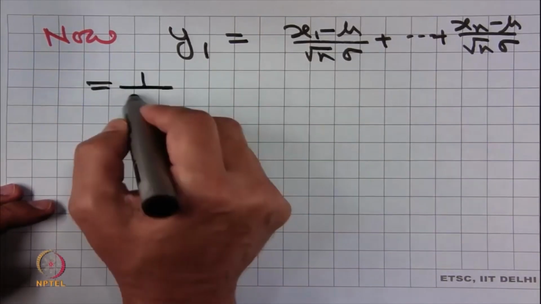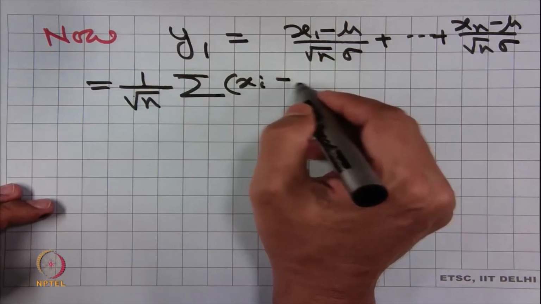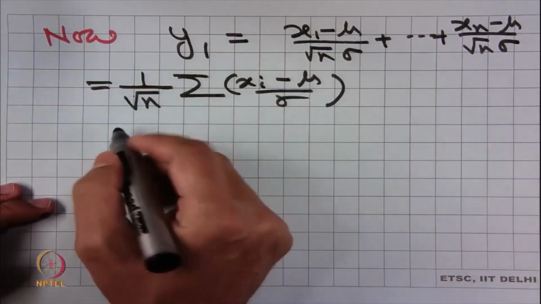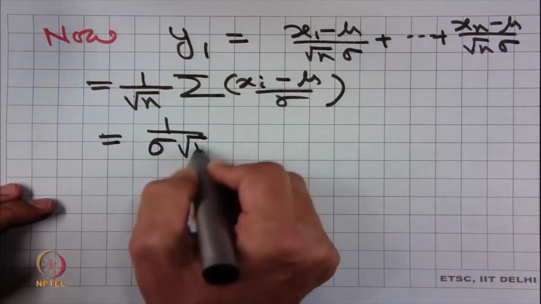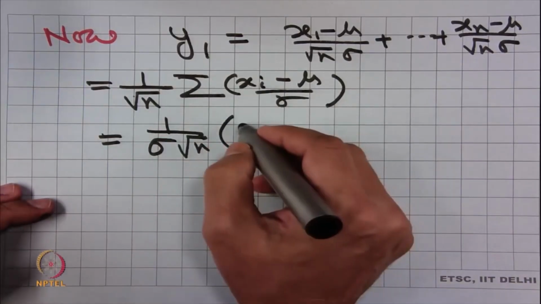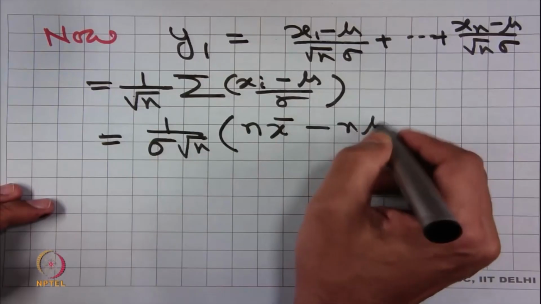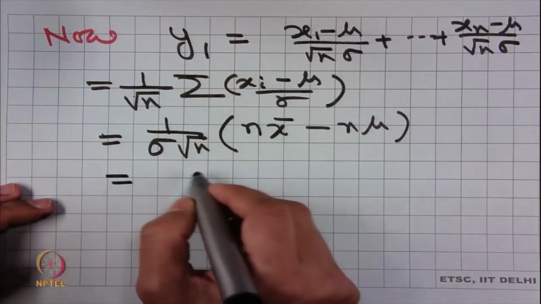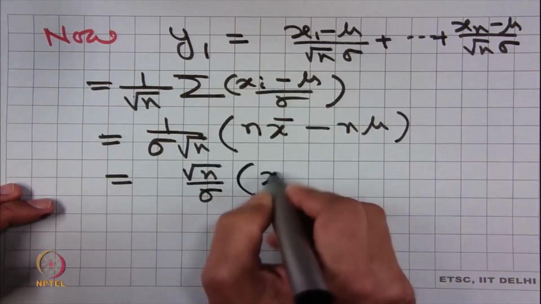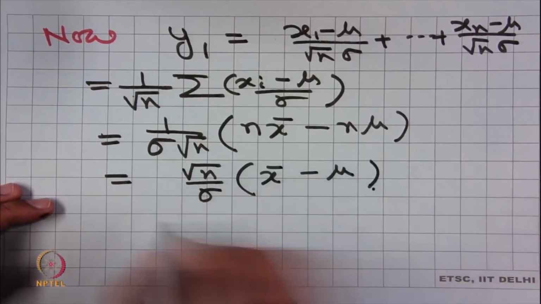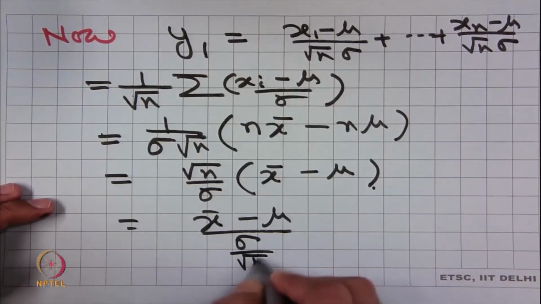Is equal to 1 over root n sigma xi minus mu upon sigma, is equal to 1 upon sigma root n, sigma xi is equal to n times x bar minus n times mu, is equal to root n upon sigma into x bar minus mu, is equal to x bar minus mu upon sigma root n.